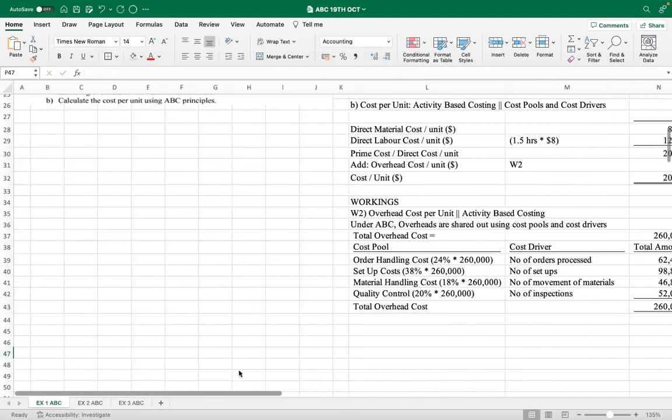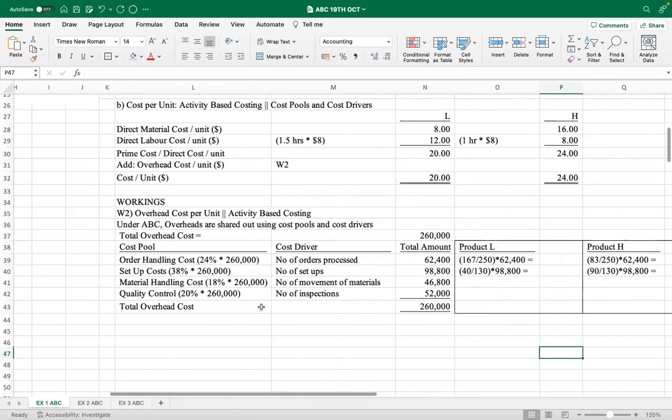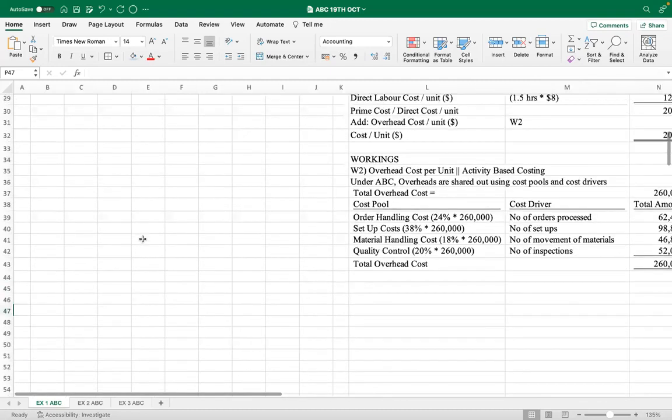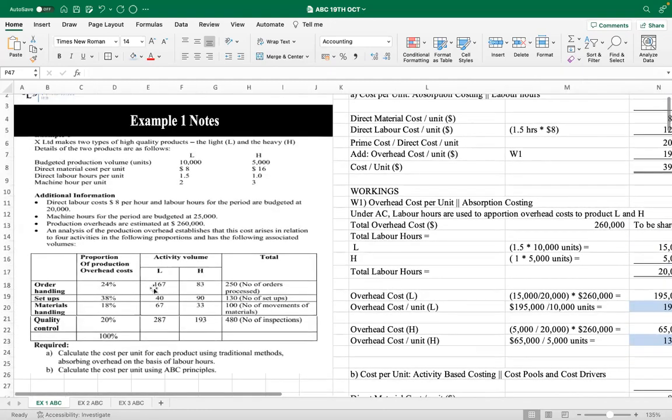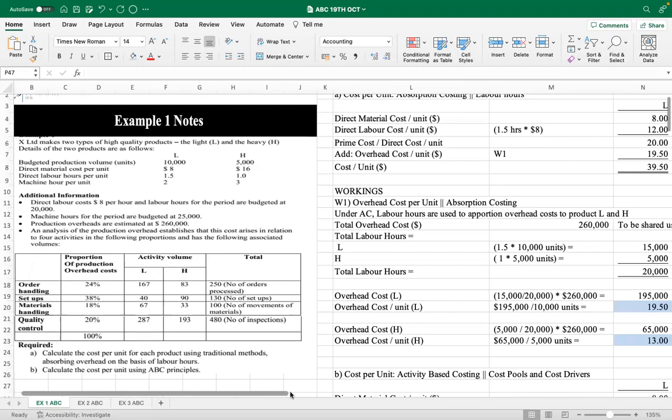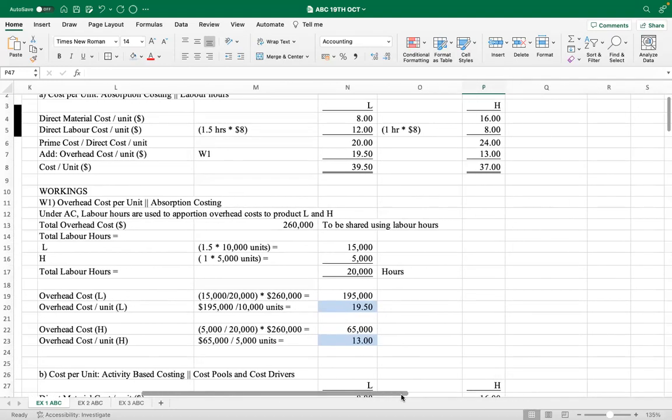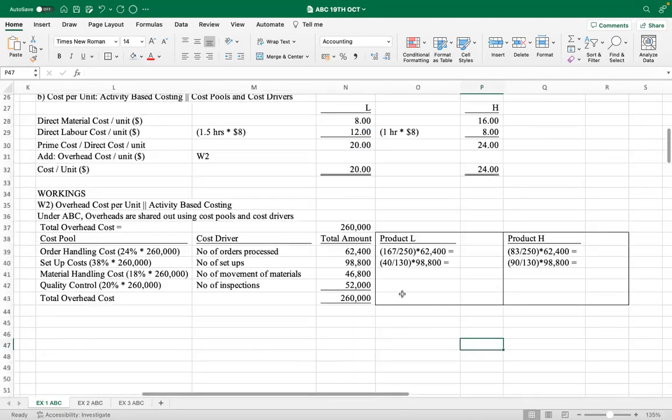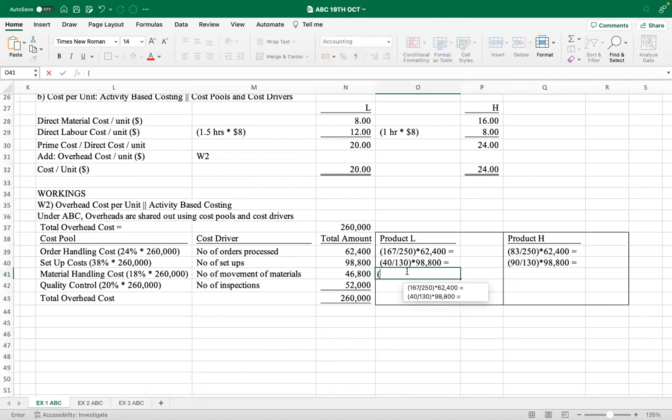We move on. The next is material handling cost, which depends on the number of movements. What are the number of movements? 67 and 33. So 67 over 100 times 46,800.